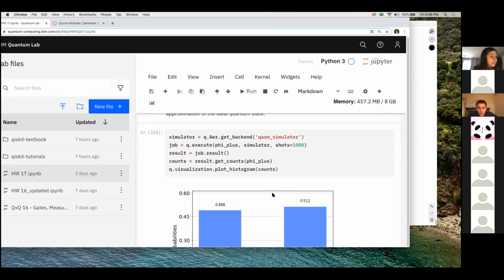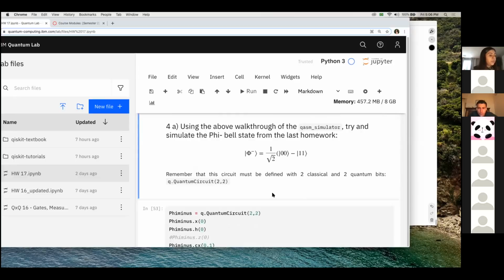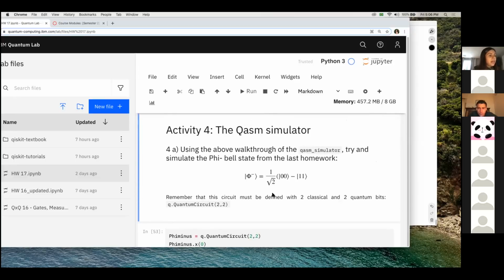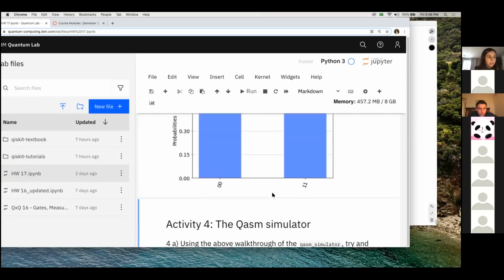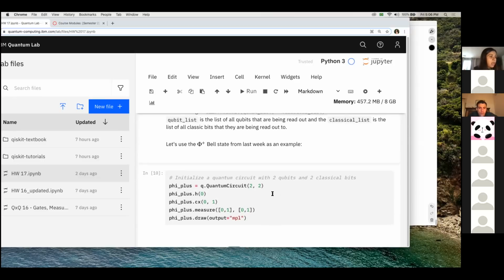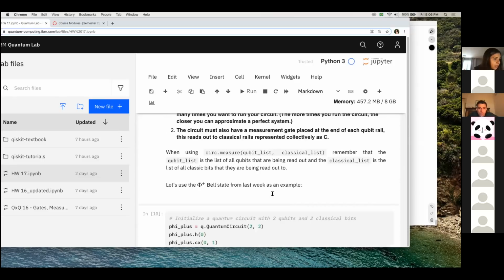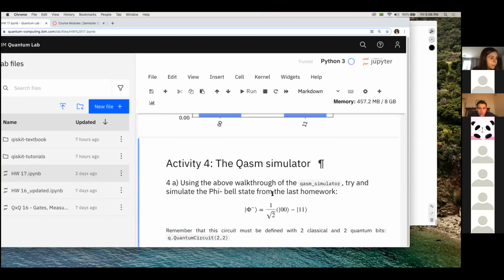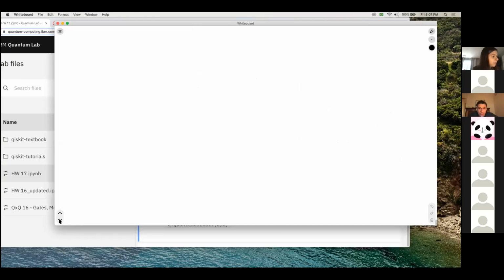And as a last exercise to our homework, you're gonna see how to generate the phi minus Bell state. And the phi minus Bell state is very, very similar to the phi plus Bell state, but instead of having, gonna write it out because I can't see it here.